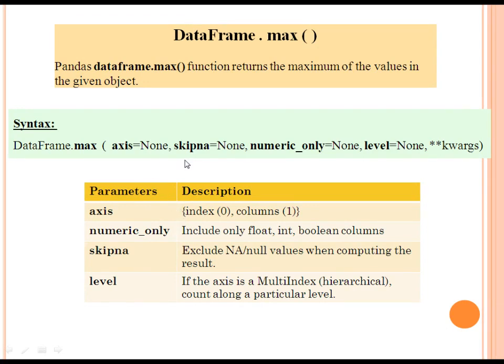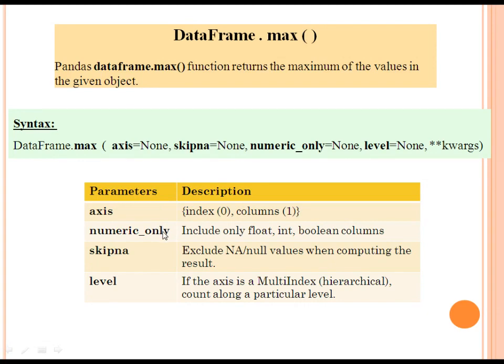We have 4 different parameters in the max function, and it goes like this in every function, so you have to consider the parameters also. First parameter, which is very important, is axis. We have 2 axes, 0 and 1. According to the question, we have to apply the axis.